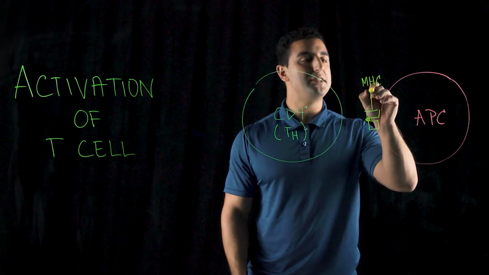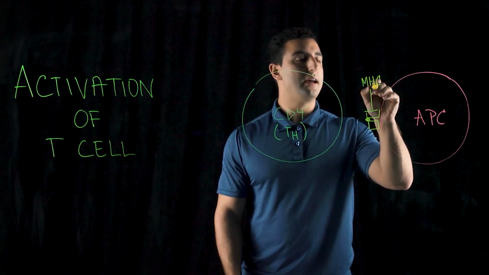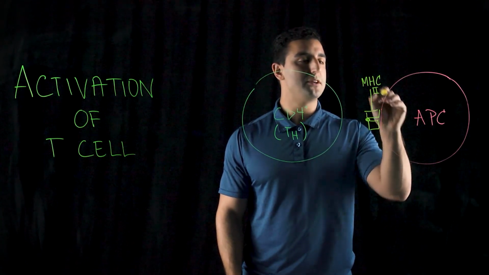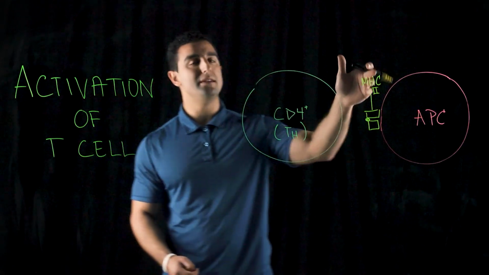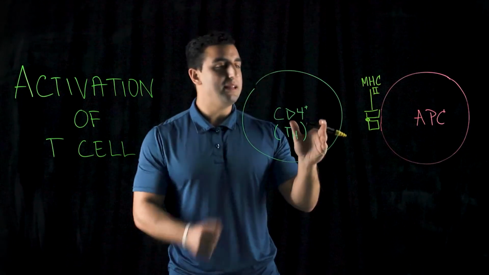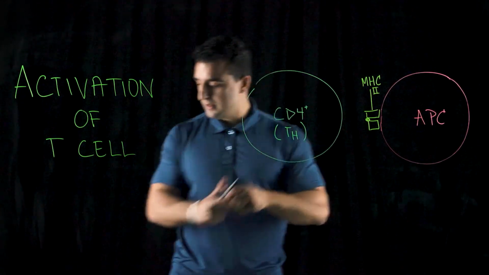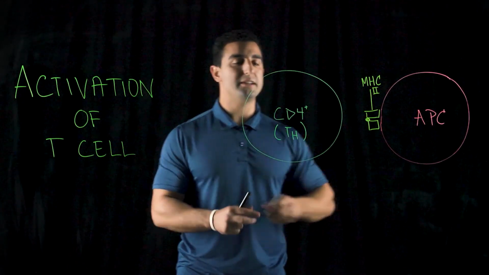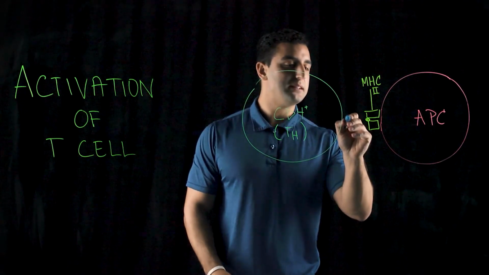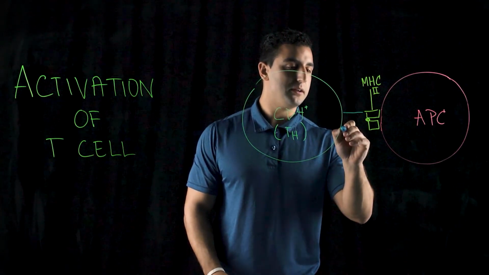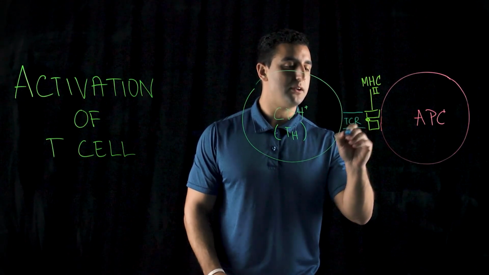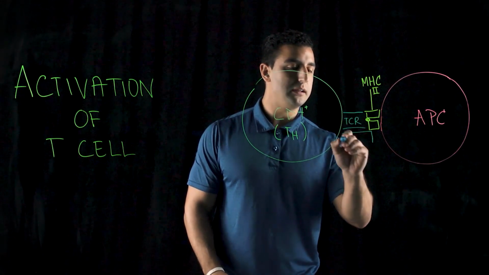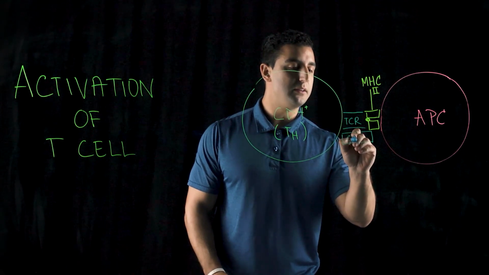So this has MHC1 or MHC2 receptor, because antigen presenting cells present this to the helper T cells on the MHC2 receptor. And they bring this here next to the CD4 cell where it binds specifically to the TCR receptor, so T cell receptor, and also its CD4 receptor.